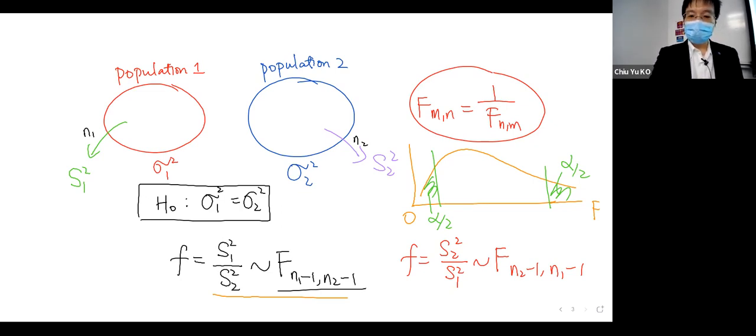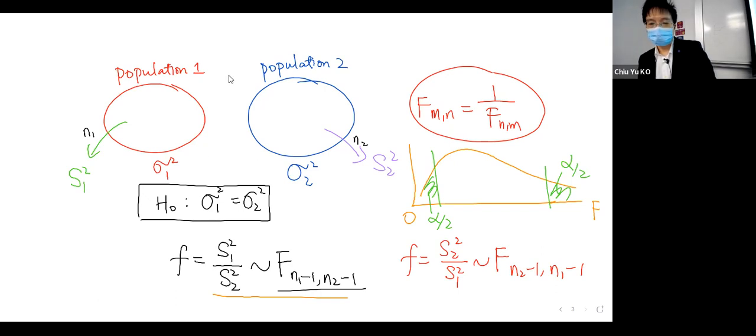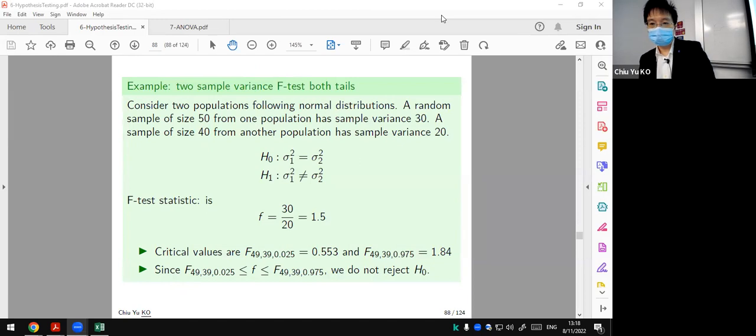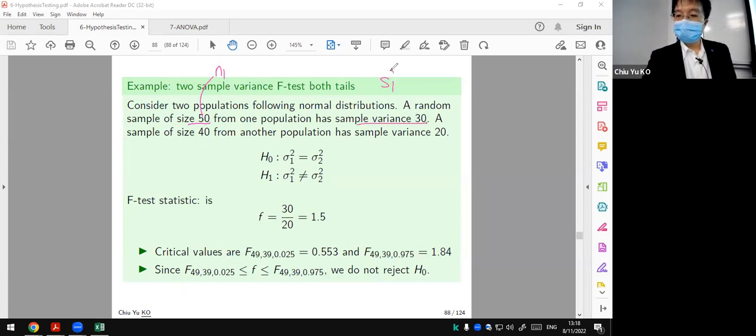Here I have the case where n1 is 50 and S1 square is 30, and I also have n2 is 40 and S2 square is 20.